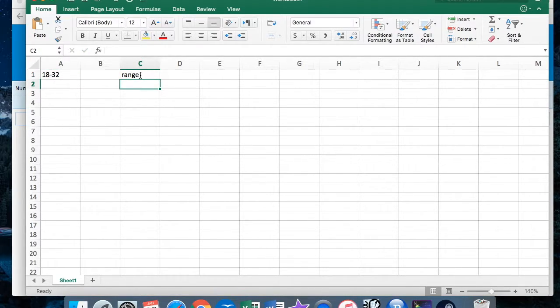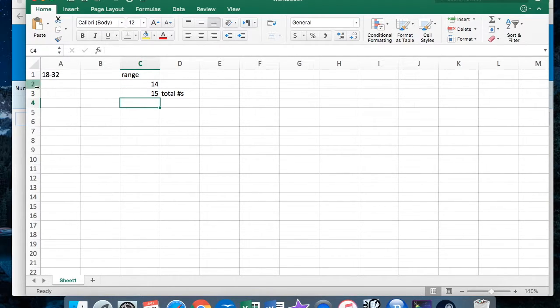Our range is simply the large number, so 32 minus 18. Okay, now just add 1 to it. So we have 15 total numbers, right? So that means that between 18 and 32, there's 15 total different outputs that we can have, including these numbers. Okay?